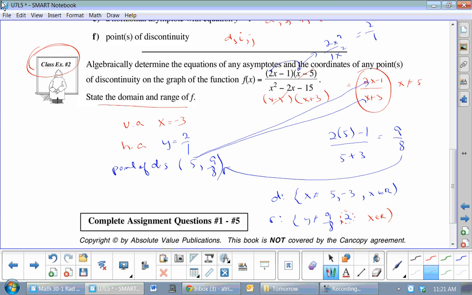Because it can, now not always, doesn't have to, but it can cross the horizontal asymptote. So should I put 2 or not? The answer is yes. You put 2.